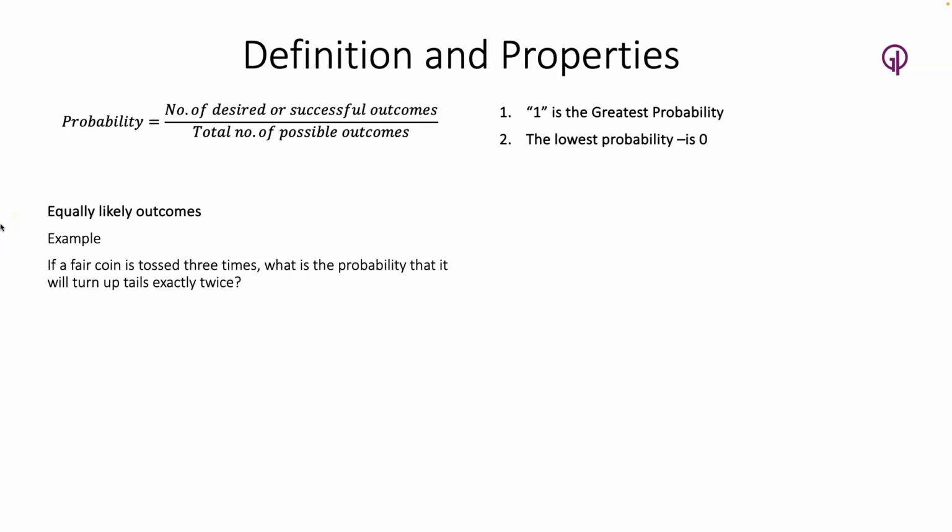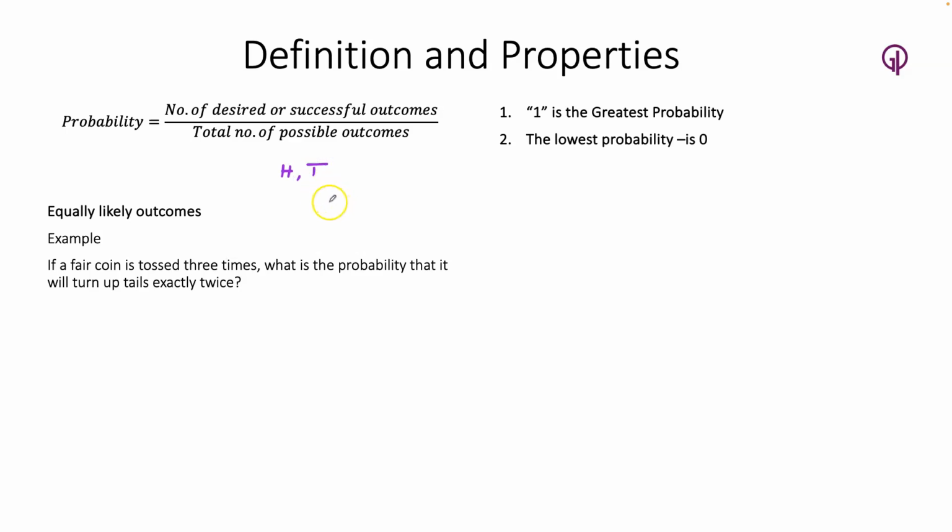As a simple illustration, tossing a coin has two possible outcomes: heads and tails. The probability of landing on heads is what? It is half, because you have heads and then you have tails.